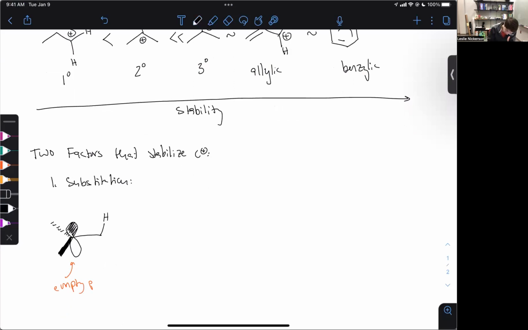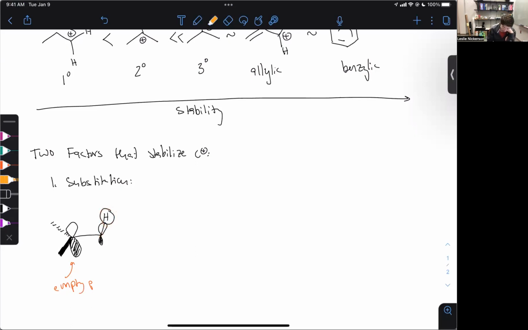In this CH sigma bond, I'm going to switch my shading because otherwise I'm going to obscure my H. In that CH sigma bond, I've got electron density between those two atoms, between my sp3 orbital and my s orbital from my H.